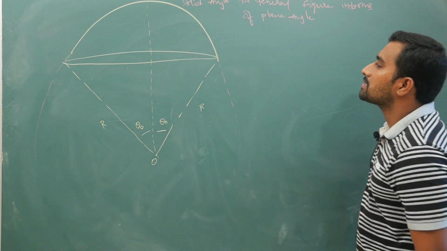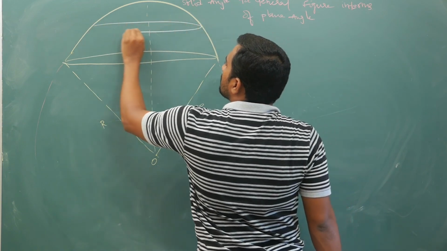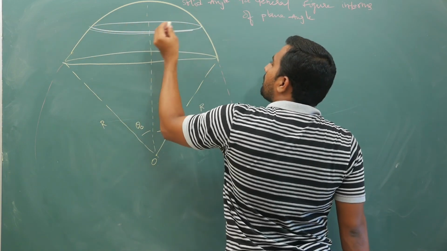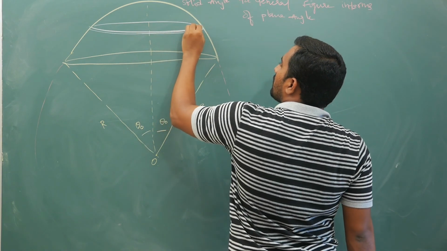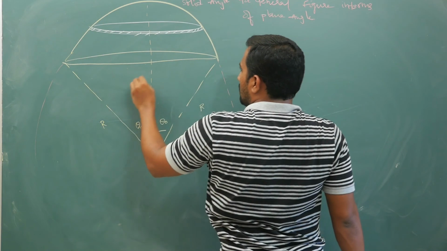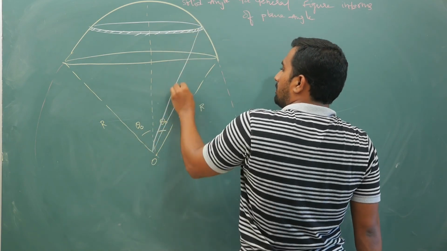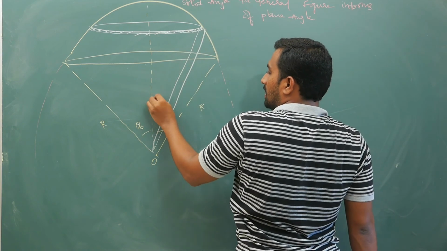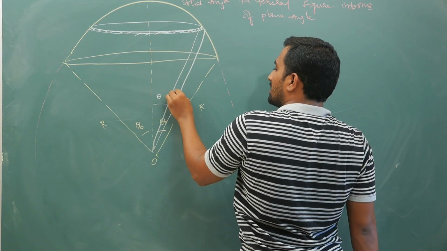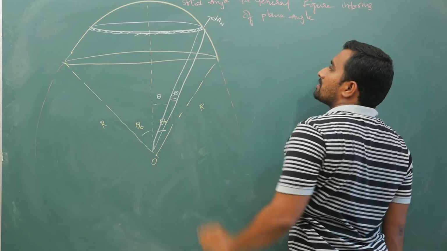So in this case, if I take a small patch here, this small patch of area that you have here, I am taking a small strip, this angle is theta, this is d theta. Your small area dA will be upwards like this.